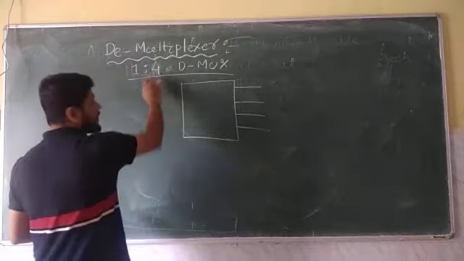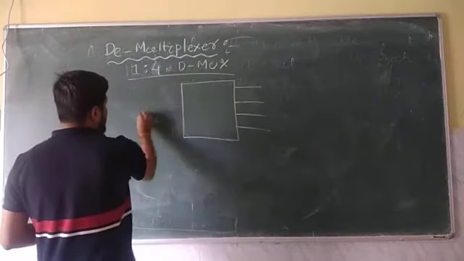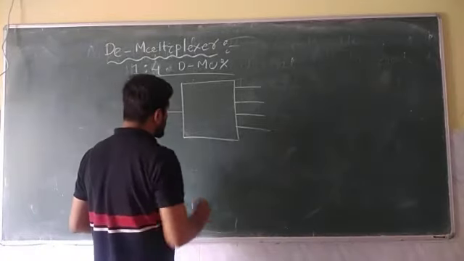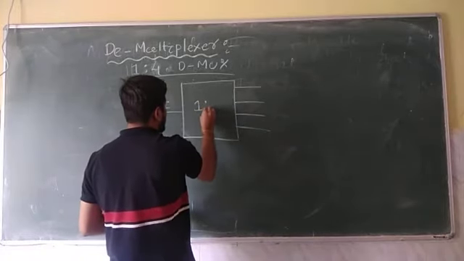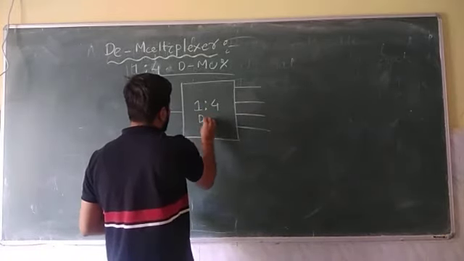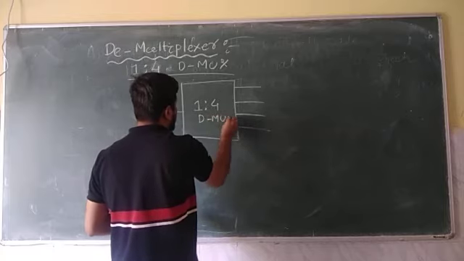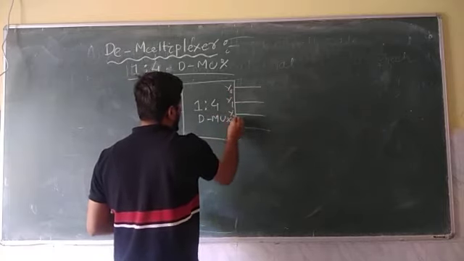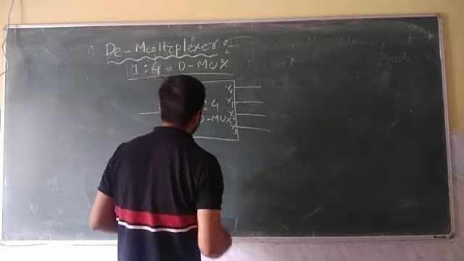This 4 indicates the number of output lines. Input is always a constant, that is 1. Now we have the 1:4 DMUX. This is Y0, this is Y1, Y2 and Y3.